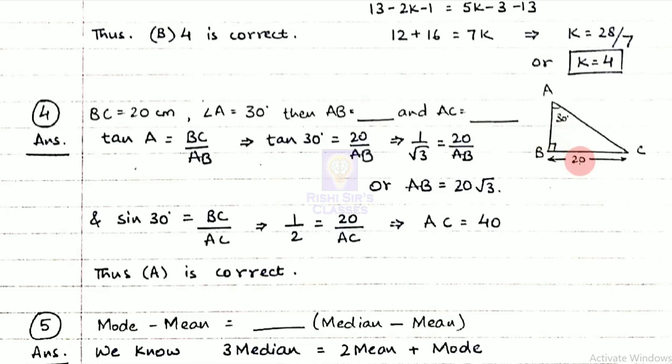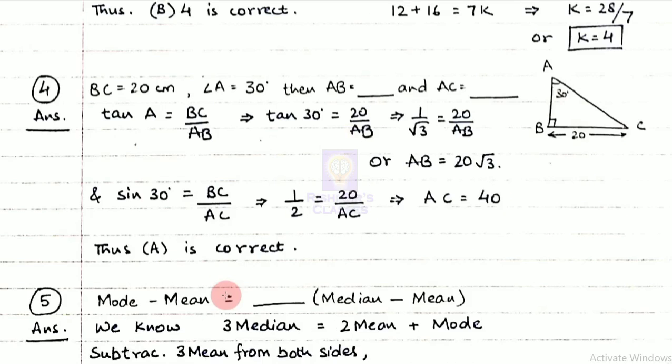So, it will be 20 upon AB and the value of tan 30 is 1 upon root 3. We will simplify. AB will be 20 root 3. In the same manner, for finding the value of AC, that is hypotenuse, we will use the concept of sine. Sine 30 will be equal to perpendicular or opposite upon hypotenuse, that means 20 upon AC. Sine 30 is 1 upon 2 and AC will be 40. So, option number A is the correct one.